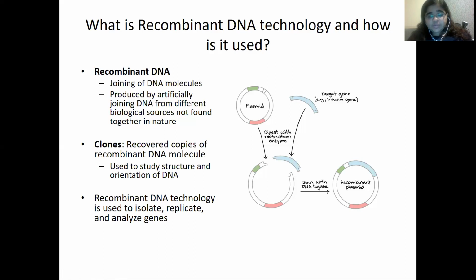And recombinant DNA technology is essentially used to isolate, replicate, and analyze genes. So whatever happens, you kind of just get one gene. We see how that works and go, ooh, yay, we have this one gene, for example, the insulin gene.